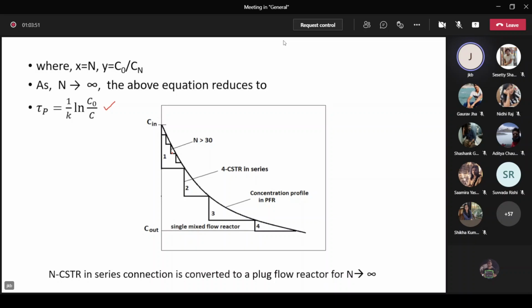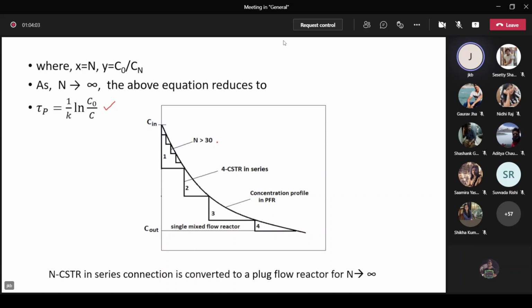Say each reactor has a size of 1 liter and 30 reactors are connected in series, so total reactor volume is 30 liter. So use a 30 liter plug flow reactor, you will find the same conversion.